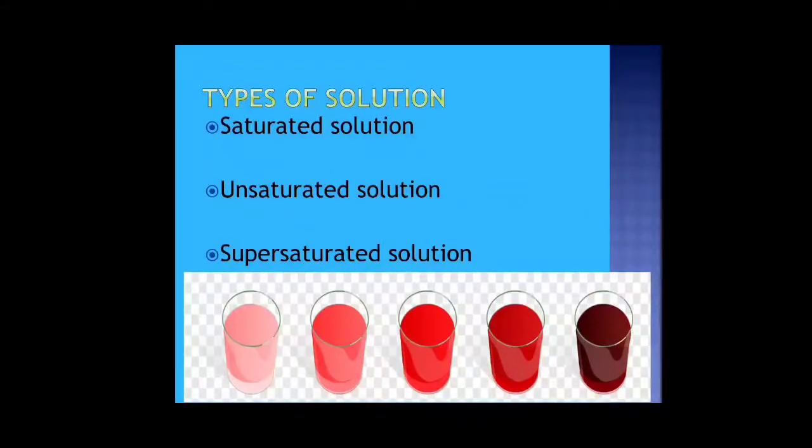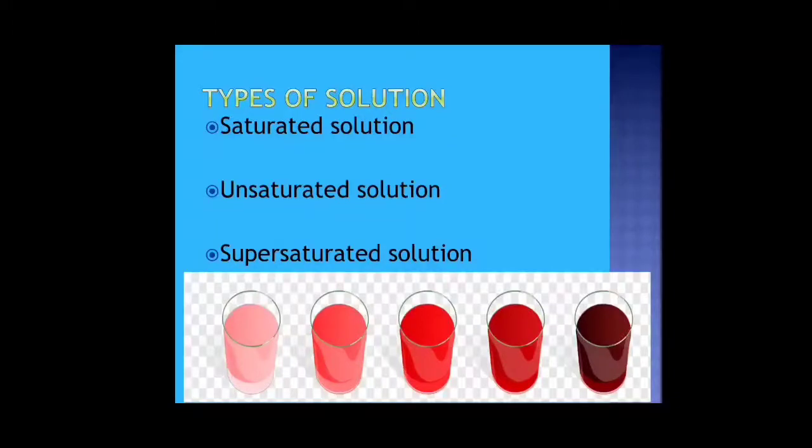In types of solutions, we have one more classification here, that is saturated solution, unsaturated solution and supersaturated solution. If you see the image, we see that the color in the solution is deepening. So the first three could be considered as unsaturated solutions.